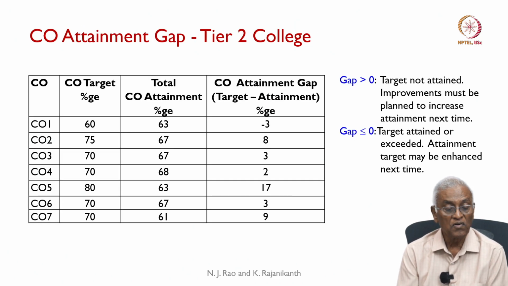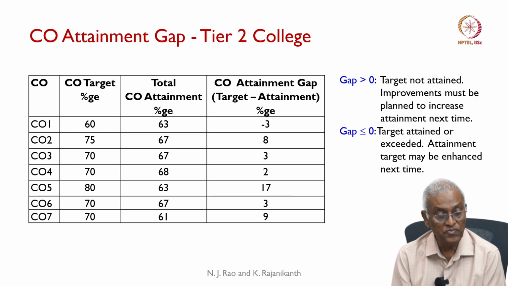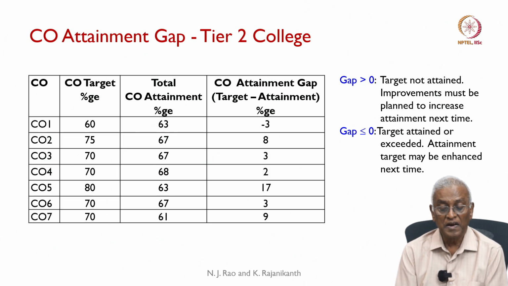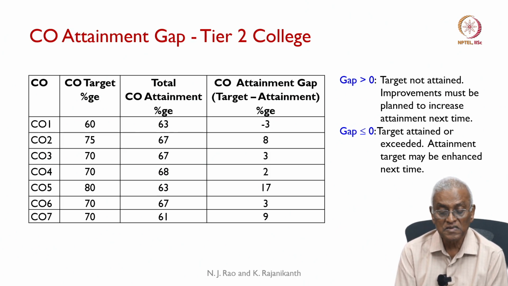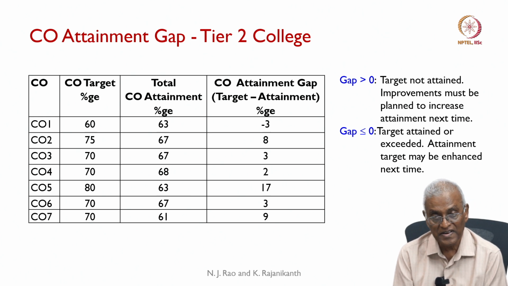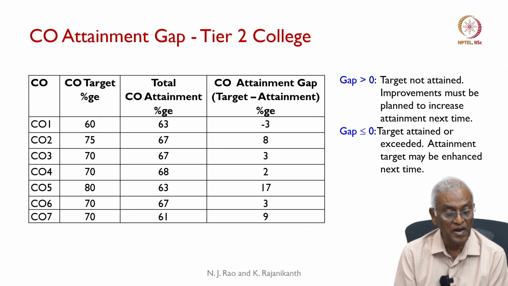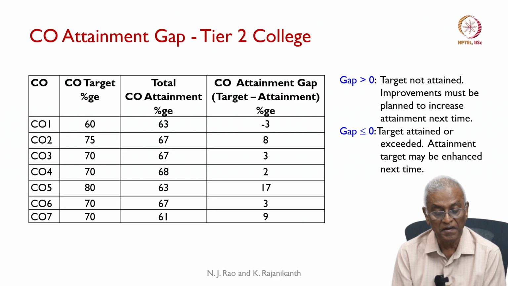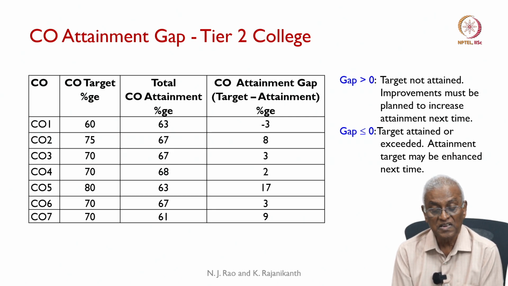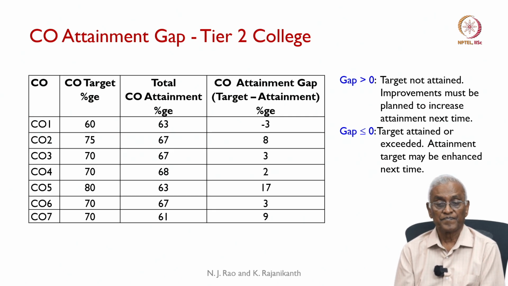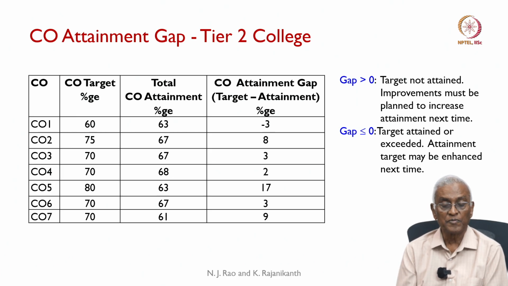And now I compare it with the target, and here also I am getting some negative attainment. Negative value means I am exceeding the target only in one case. The rest of them I have gaps. For example, CO5 I got 17% as the gap. Okay, that means something serious will have to be done when I am instructing CO5.